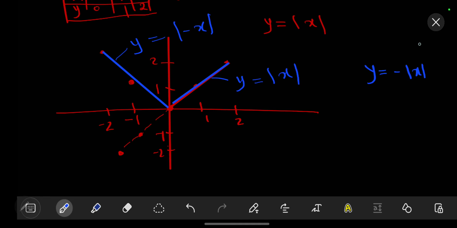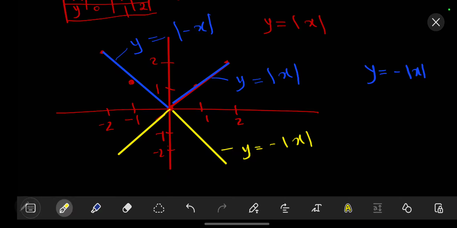So the graph of y is equal to negative of the modulus of x will look like this. This would be our y is equal to the negative of the modulus of x. Each point is reflected, just as you have seen.